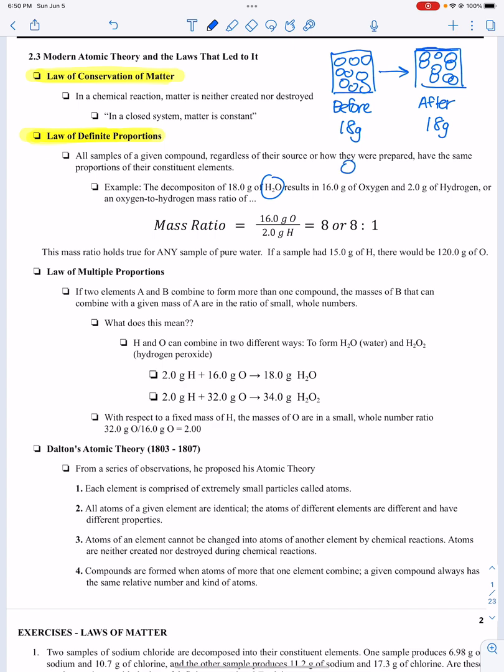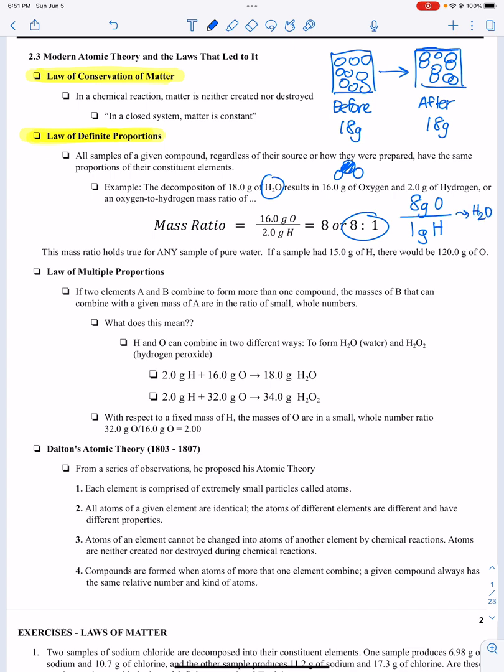And I'm going to draw it like this. Let's say this is H2O. Boom. No matter what way I slice it, I will have 16 grams of oxygen for every 2 grams of hydrogen, or an oxygen to hydrogen mass ratio of 8:1. 8 grams of oxygen for every 1 gram of hydrogen. Always, always, always will tell me that I am H2O.